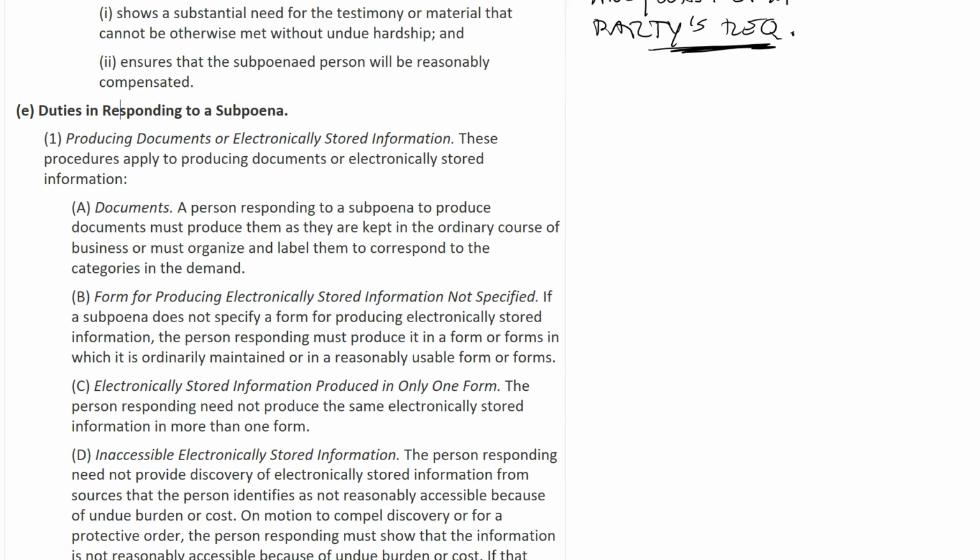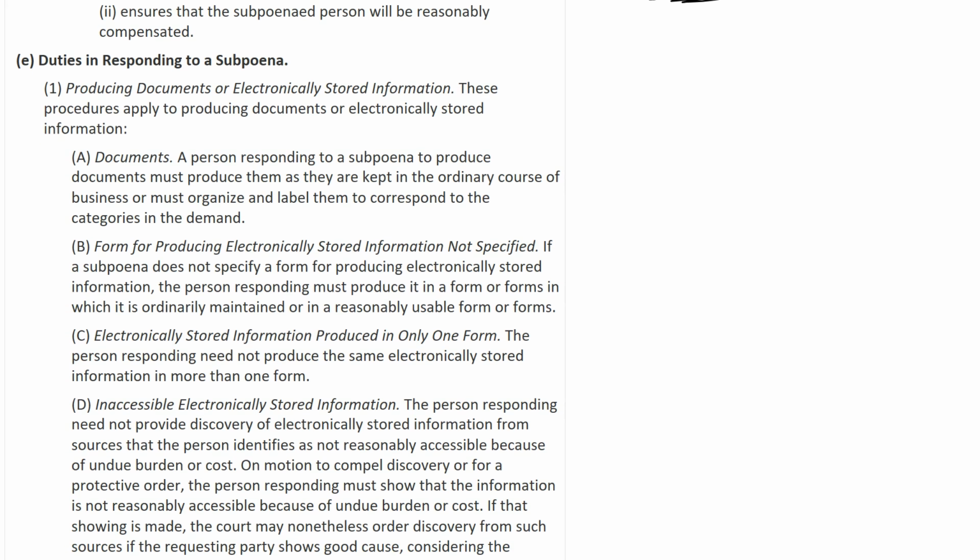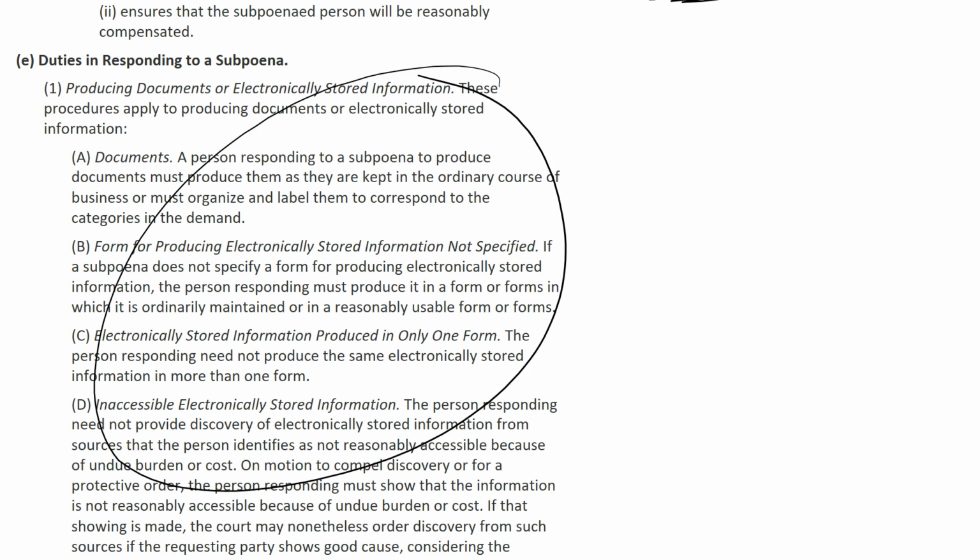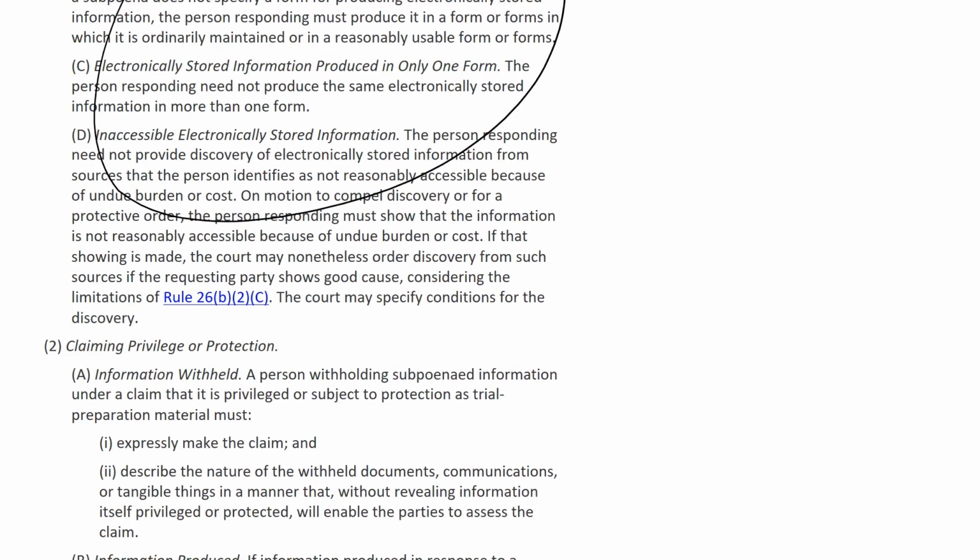And the rest of this I'm just going to blow through real quick. These duties in responding to the subpoena, dealing with documents in the form of producing ESI and all of that, it's very similar to Rule 34, dealing with discovery of documents, things, producing ESI, and all of that.